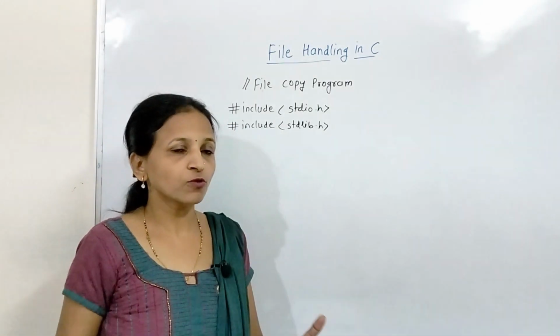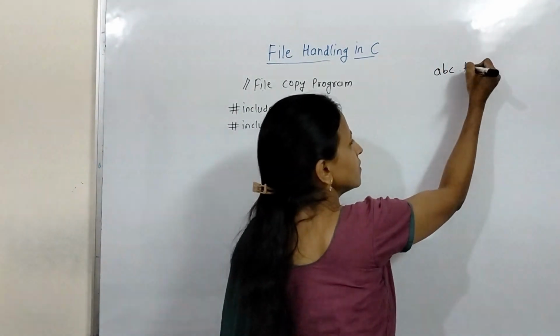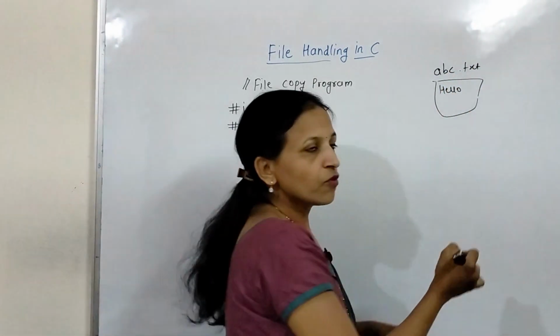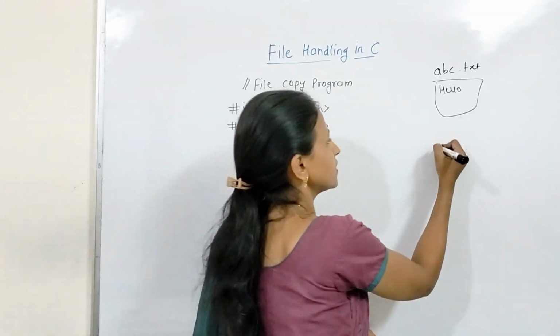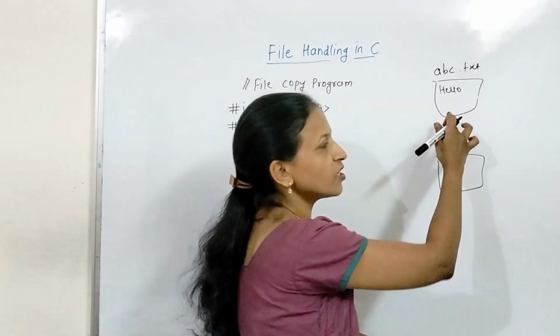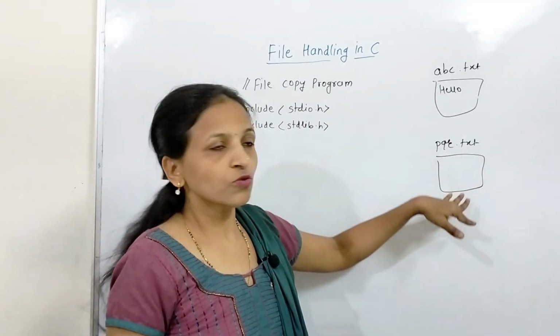For that, let abc.txt file be already present, having some contents, let's say hello, and I want to copy the same contents into another file, like pqr.txt. In that I want the same contents from this file, meaning I want to copy one file into another file.